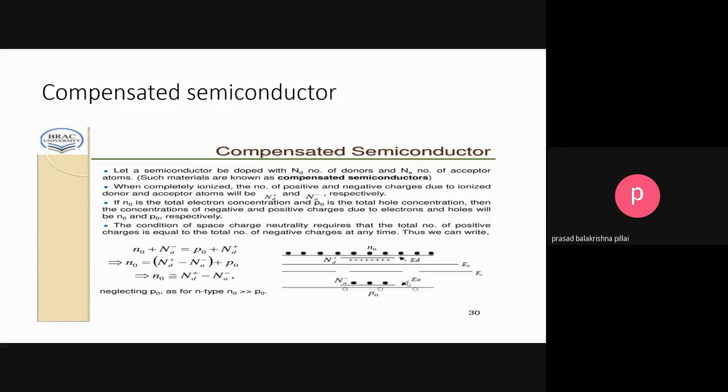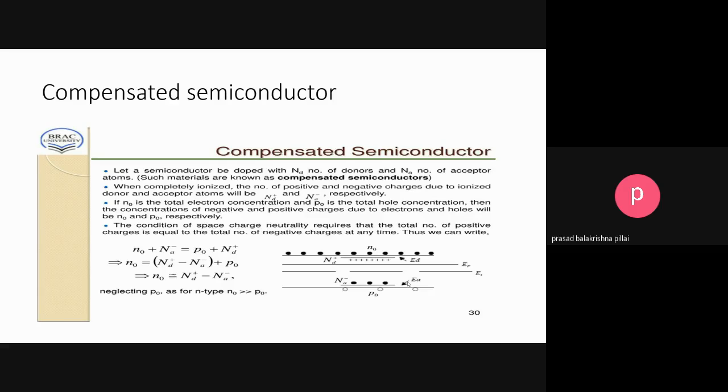The pin diode is quite popularly used in optical fiber communication systems because of its large sensitivity. Those details you'll be studying in your optoelectronics paper. But compensated semiconductors are important. You are cancelling a certain amount of excess electrons given by the donors by adding acceptors. That is the idea of it.